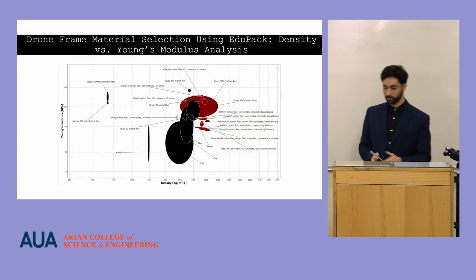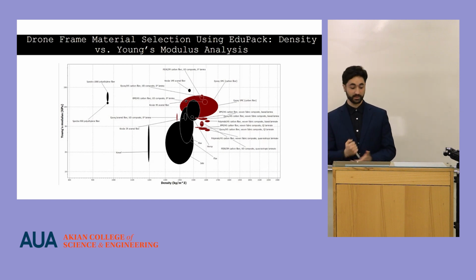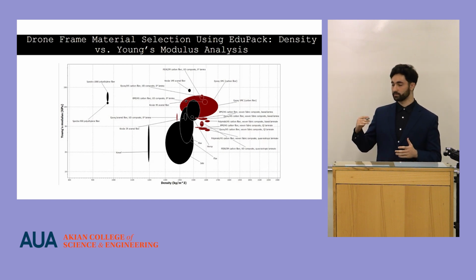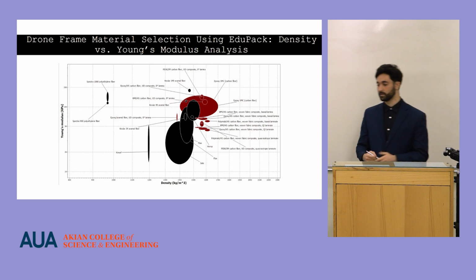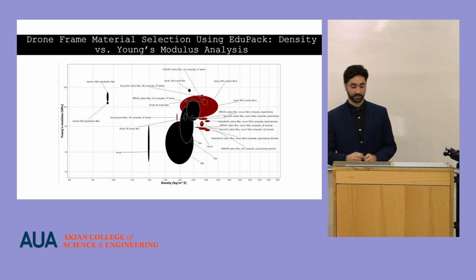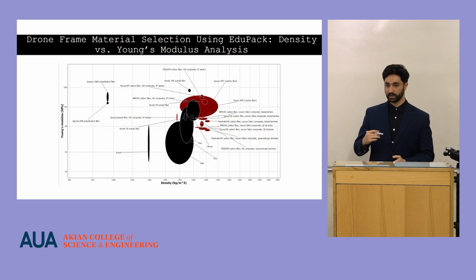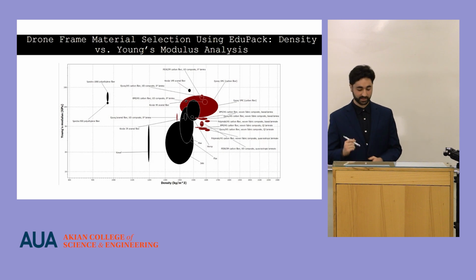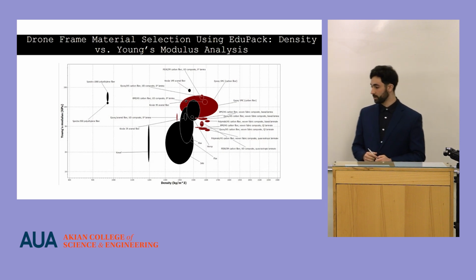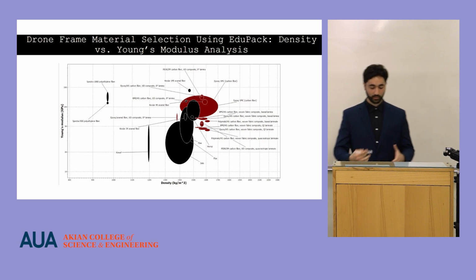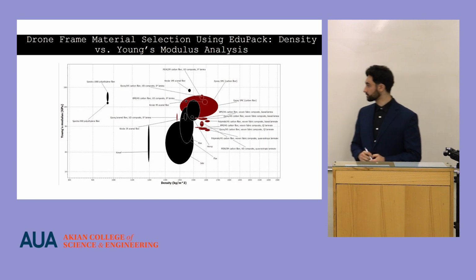So we need to make sure all of that are included. And also, as we know, electrical components emit heat. So we need to make sure that the material can withstand the heat. So I added in max service temperature. And with all these constraints and limits, we ended up with this graph here.